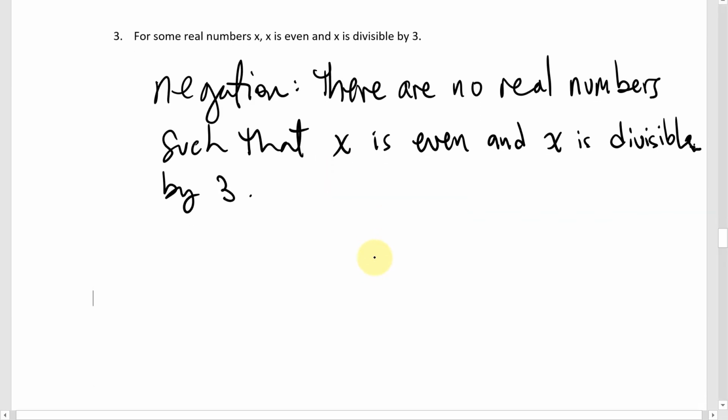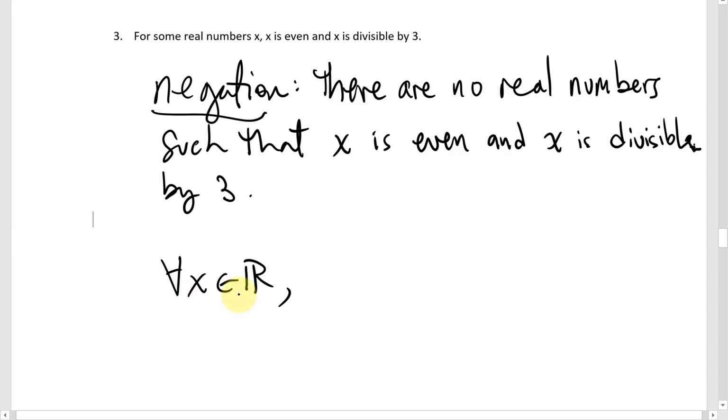Well, let's see if we can put that negation into a kind of formal language. So say something like, for all x element of the real numbers. This is a way to negate it in everyday language, but to use the formal notation, I have to switch this to a universal quantifier on x.